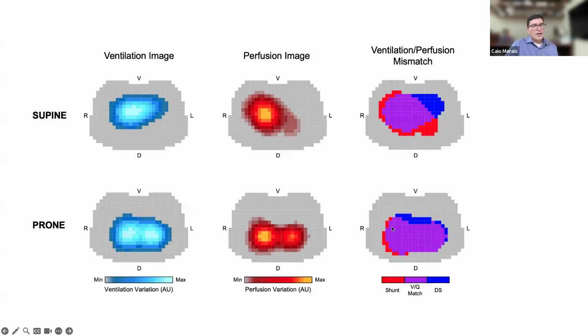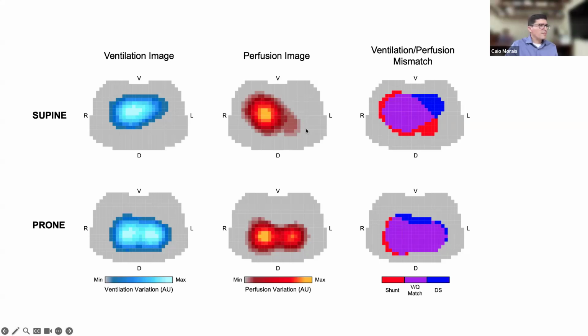I'm not going to go into detail in perfusion assessment, but I would like to show you that EIT can also measure this. In the next month, you have a webinar discussing only perfusion. But this is the same case I was showing before, the ventilation image in supine and prone, and look at the perfusion.